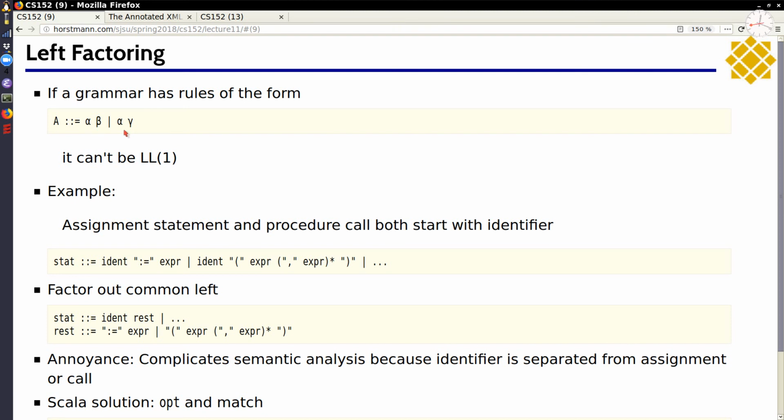So I'll give you a practical example of that. Let's look at a procedural language that has assignments and procedure calls. An assignment has the form an identifier colon equal an expression. Clear enough, right? Like x equals 9. A procedure call has the form an identifier followed by parentheses followed by comma separated expressions.